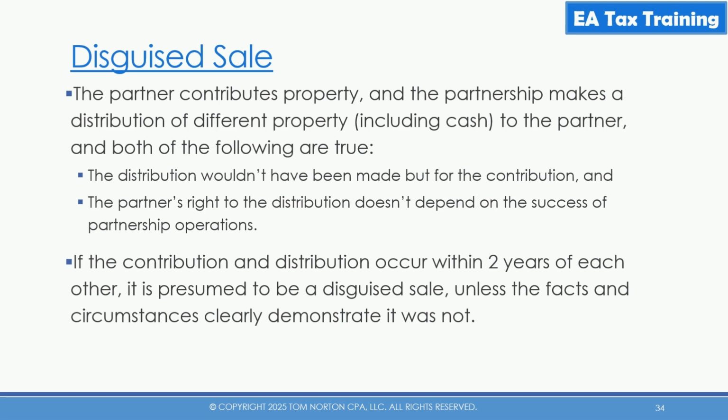But if this distribution had nothing to do with the success of the operations of the actual business, it was just, yes, we are going to give you this $200,000 distribution, then that will be considered a disguised sale.